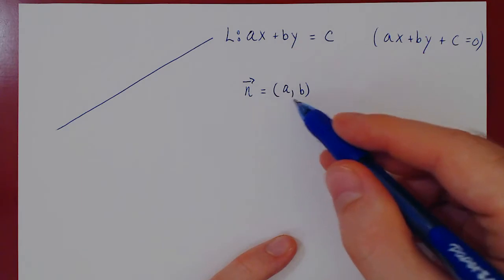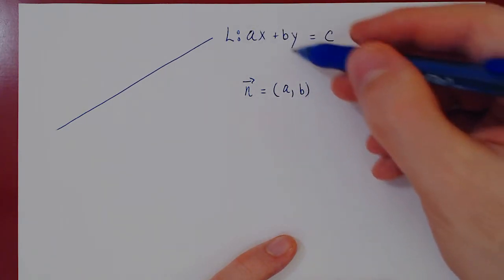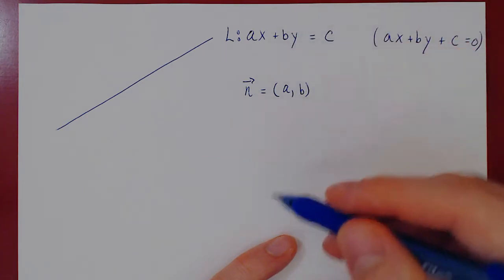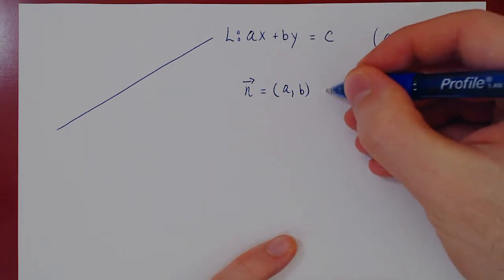So if you build a vector (a, b), a is whatever multiple of x you have, b is whatever multiple of y that you have. This vector is called the normal vector of the line.